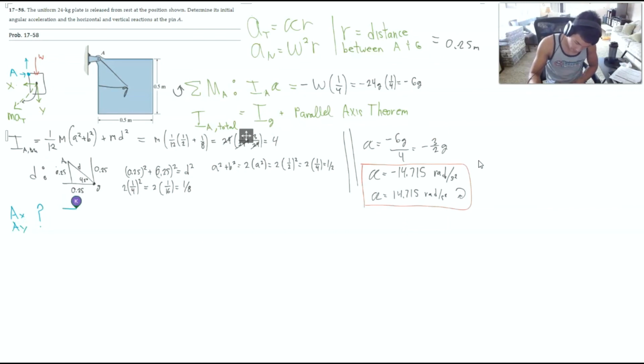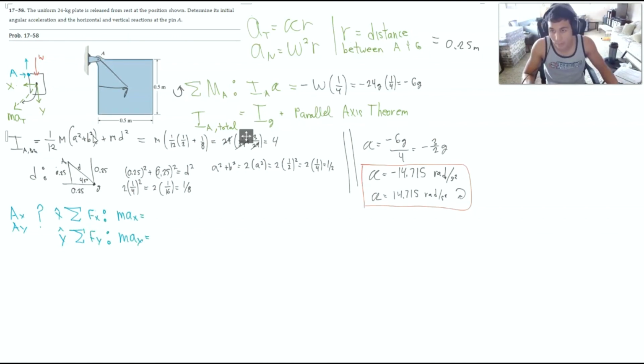We can use the fact that we can use the sum of the forces. That's the thing we can use. So sum of the forces, and we're going to take them in the X and Y direction. Okay. MAY.